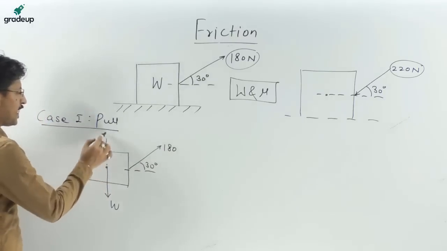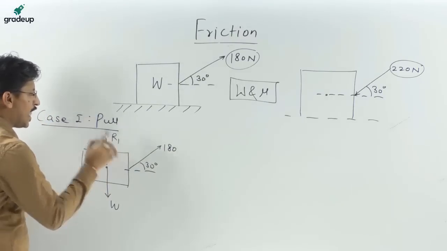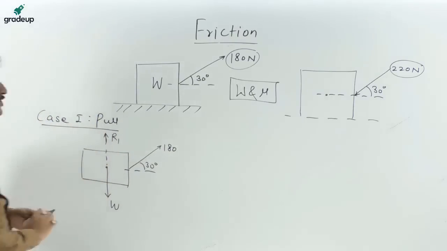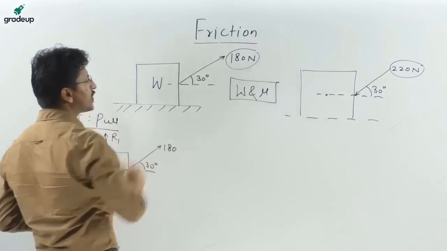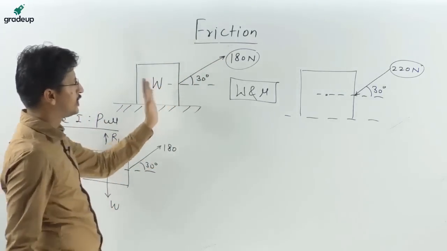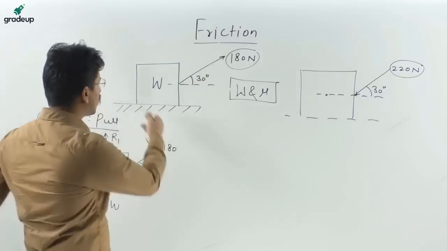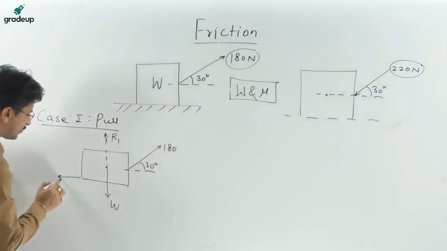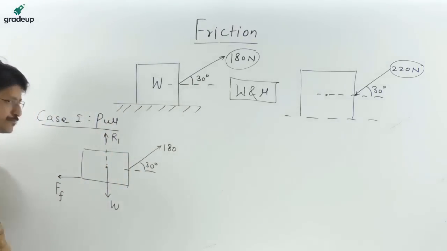There is a reaction, suppose R1. The force is applied in this direction, so the body tends to move in this direction only, so the frictional force FF1 will act in the opposite direction.